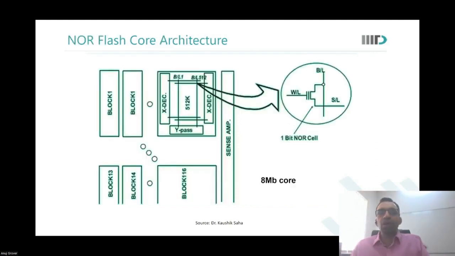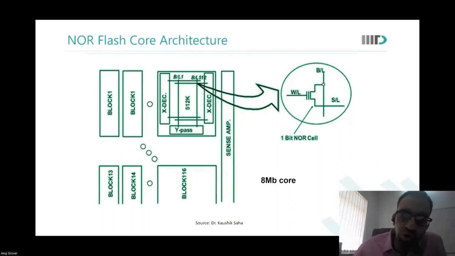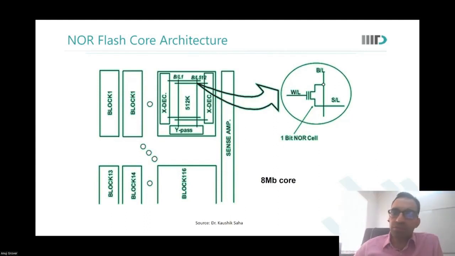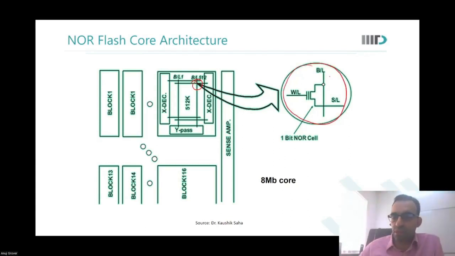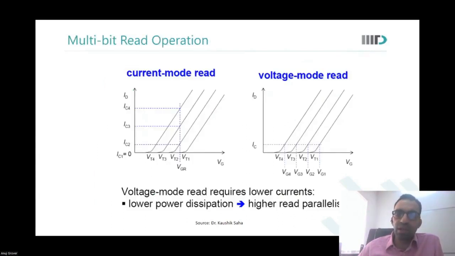Okay. So now in a NOR flash, then what you do? You organize the entire memory into blocks. And in every block, you have these NOR cells which are arranged with the help of row decoders and everything. And this is the, every cross section over here represents such a bit cell, such a flash cell over there.